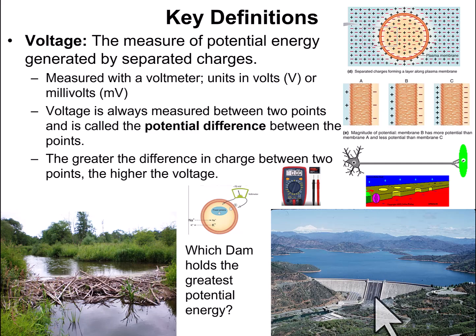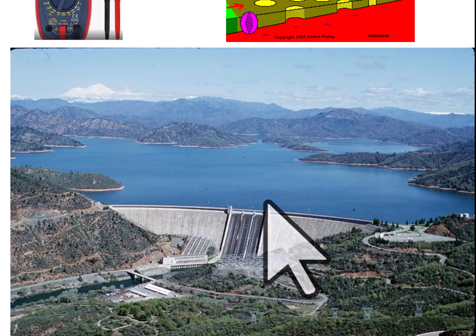Much like, for example, when you look at a dam here, here's Shasta Dam. This water behind the dam has potential energy. And when it's allowed to flow through these pipes here, it's going to turn the turbines in this plant to make electricity. So it's taking the potential energy of water to convert it to kinetic energy as it flows down those pipes and convert it to electricity.